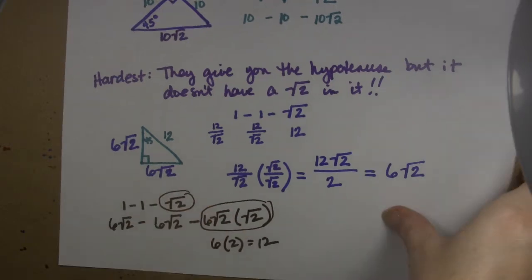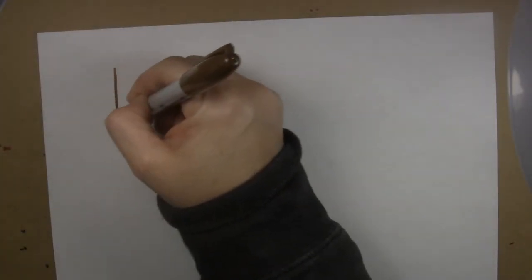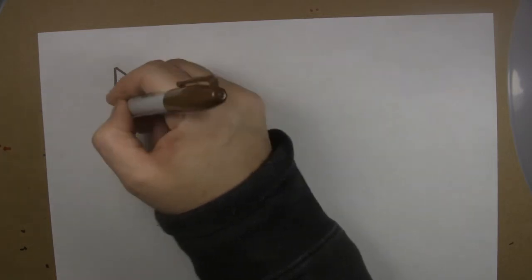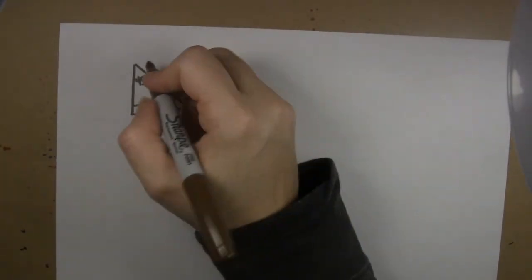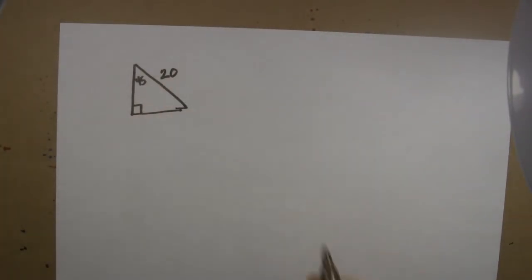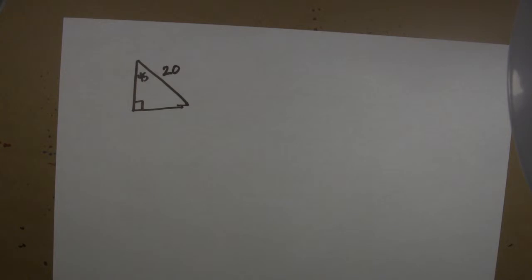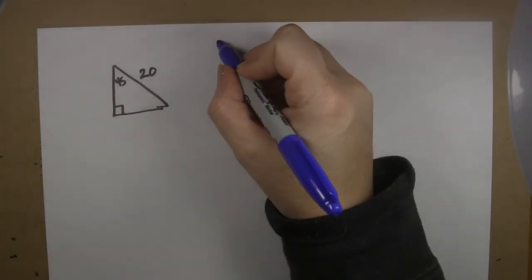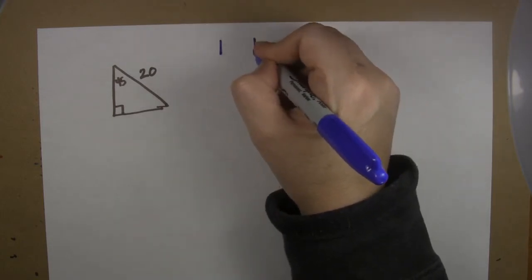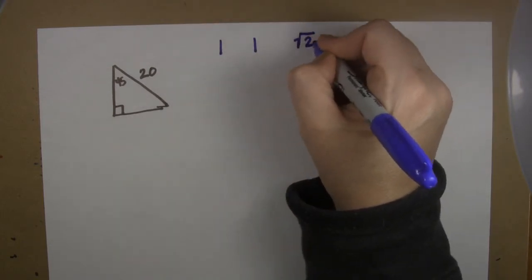Now, I know that this one is hard, so we're going to do another example. So let's draw ourselves a 45, 45, 90 triangle. And let's say that we know that this side is 20. The hypotenuse is 20. We should be able to calculate the other two sides. So we know that a 45, 45, 90 triangle is in the ratio of 1 to 1 to radical 2.